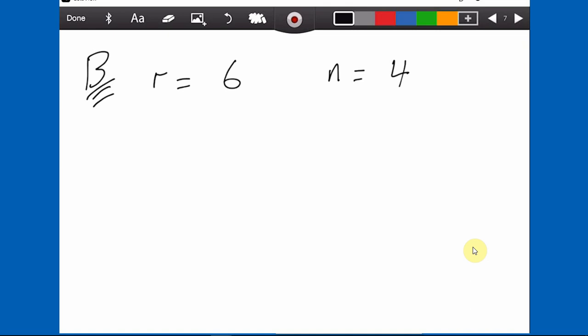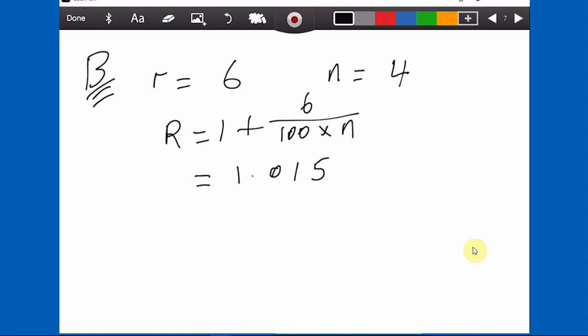So our big R is 1 plus 6 on 100 times N. If you do it on your calculator, same as we did before, you get 1.015. So there's our big R.